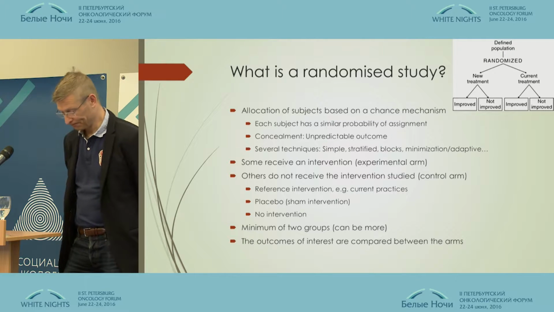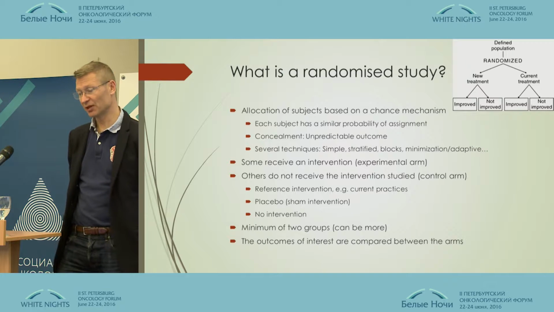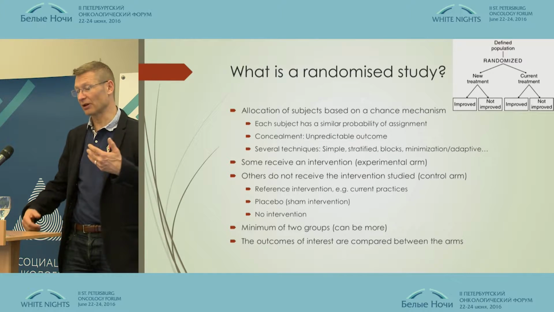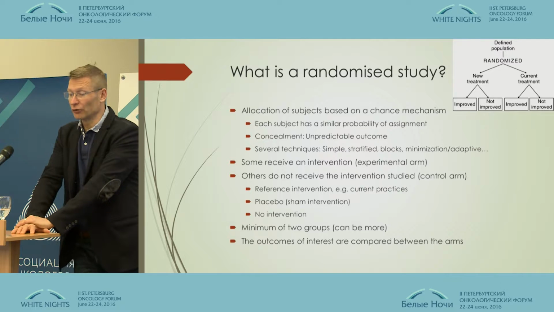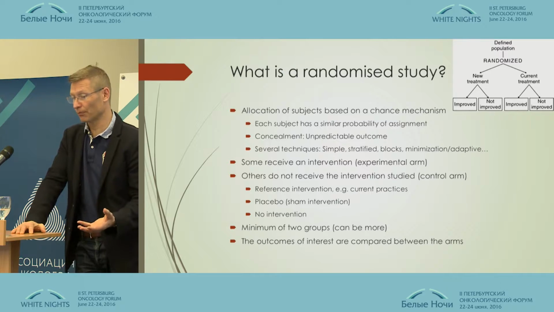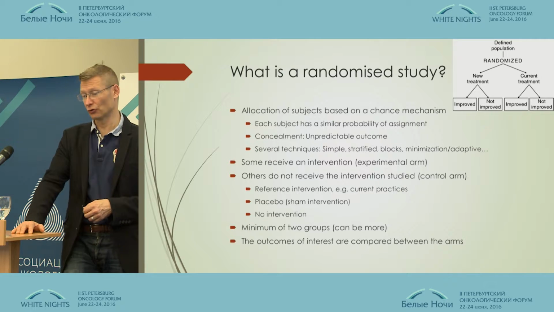If there is no intervention, then it's common to use a placebo, which means a sham intervention, something that appears to be an intervention, but it's thought to be completely inert, inactive, so it would not produce any effect, but it's just for the purpose that the people in the trial would be unaware of whether there was an intervention or not.